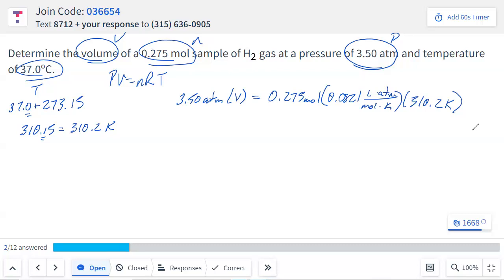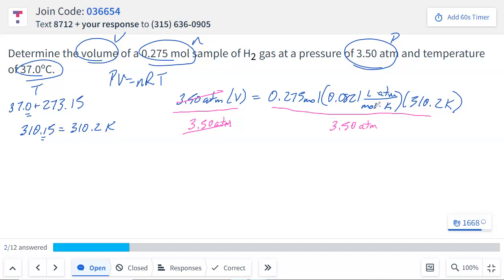From an algebra standpoint, I need to get the volume by itself. So I'm going to need to divide each side by the 3.5 atmospheres. That's going to cross out the 3.5 atmospheres on the left side. Now for unit cancellation on this side, everything comes to the R unit here.